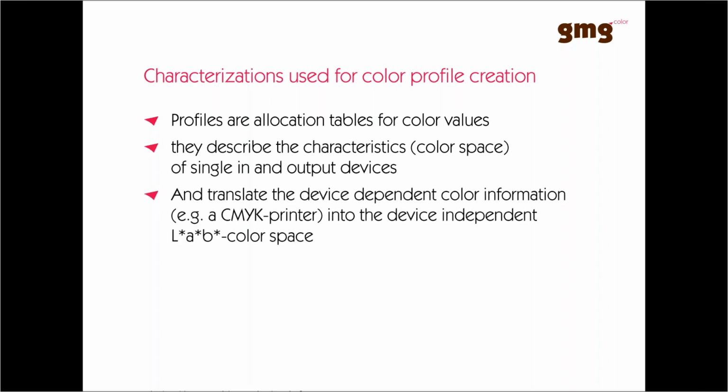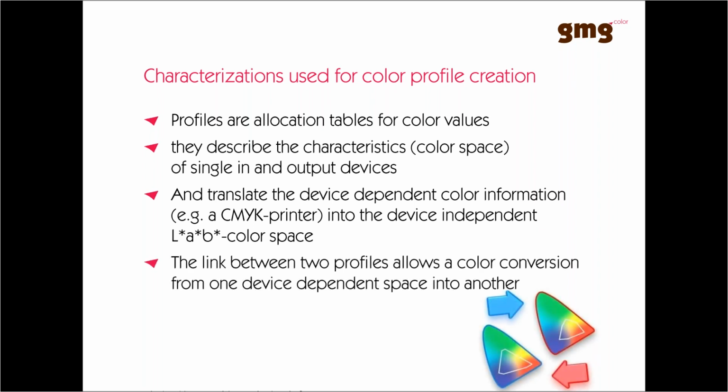And you have, as I showed you before, your CMYK, your device dependent color space, plus the device independent LAB color space information. And if you now would link two profiles, you could convert one image so that it looks like it should on another media, for example.